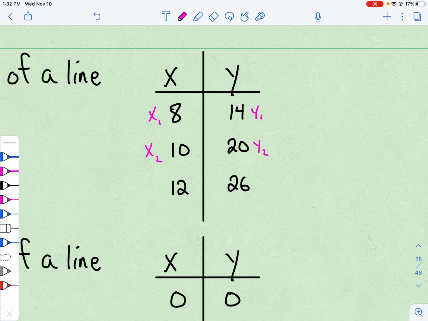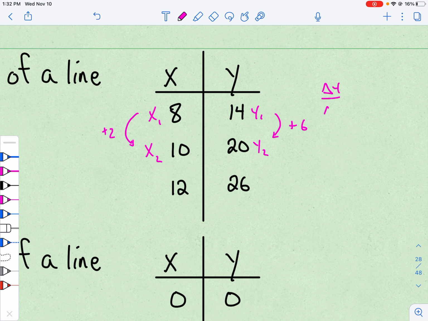And we're going to subtract the y's. So, let's think about how the 14 is changing into the 20. If you want to think about it the way the formula would go, it would be 20 minus 14, which would produce a 6. If you want to think about it the way the video the other day we looked at it, we would say plus 6, because 14 plus 6 is 20. You notice that it's the same either way, so it doesn't really matter how you do it, which is nice. 8 plus 2 equals 10, or 10 minus 8 equals 2, same thing either way.